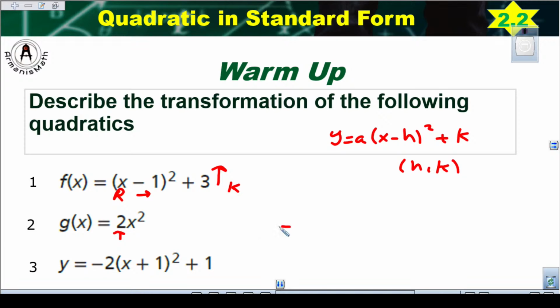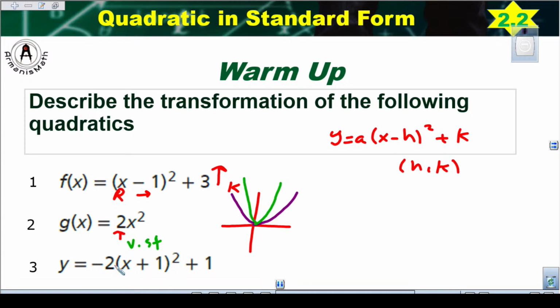If the parent looks like this, a little bit flatter, this one is going to look a little bit skinnier. Stretch, like you're pulling strings from the top. That's a vertical stretch. It's still going to be a happy face, because the a is positive, but you're stretching it.